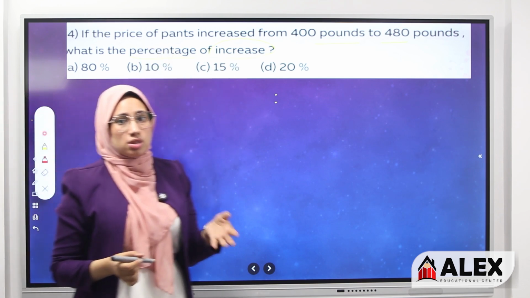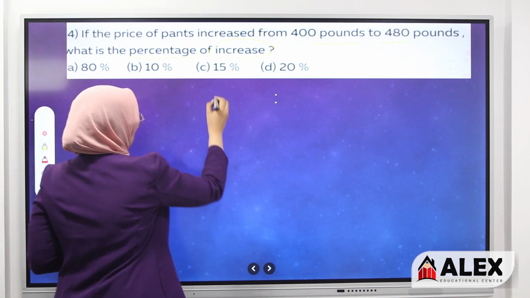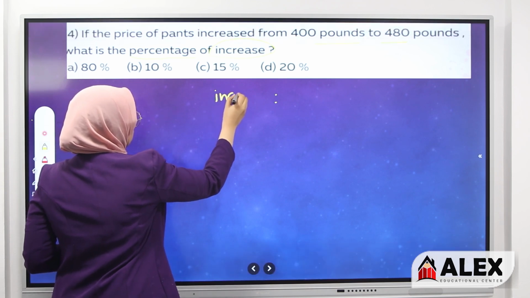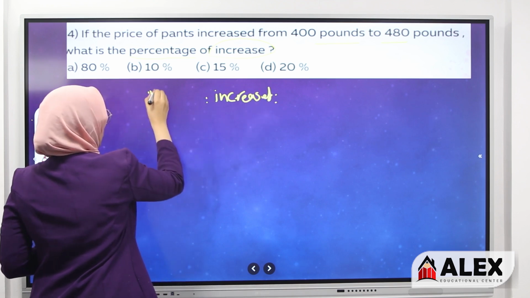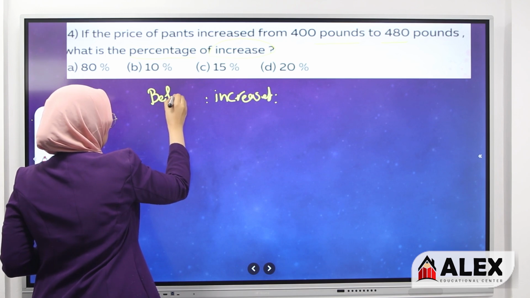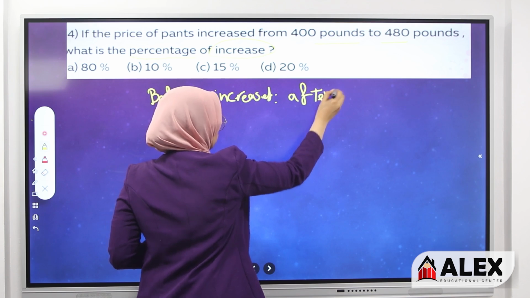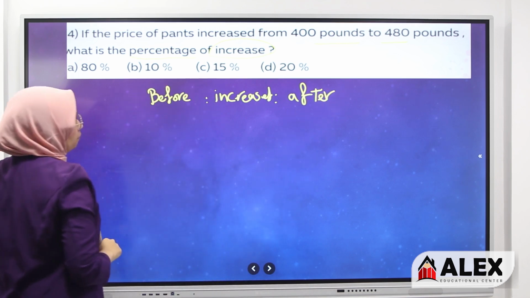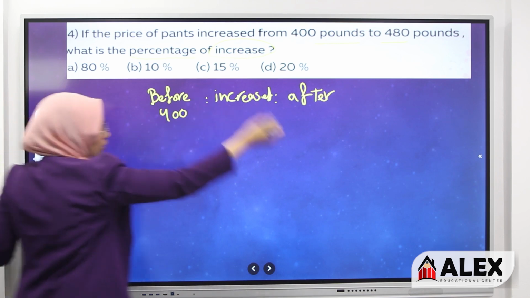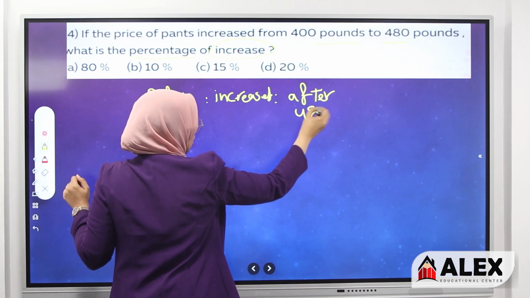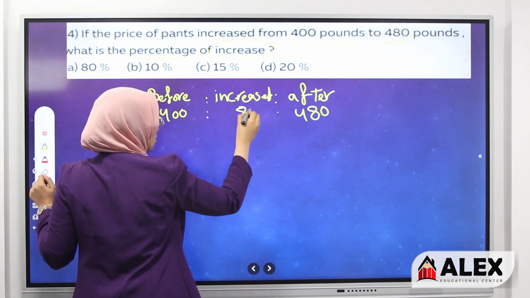In any percentage question, increase or discount, we make a table like this. We need the value before increase and after increase. Before increase, 400. And after increase, 480. Then the value of the increase here is 80.